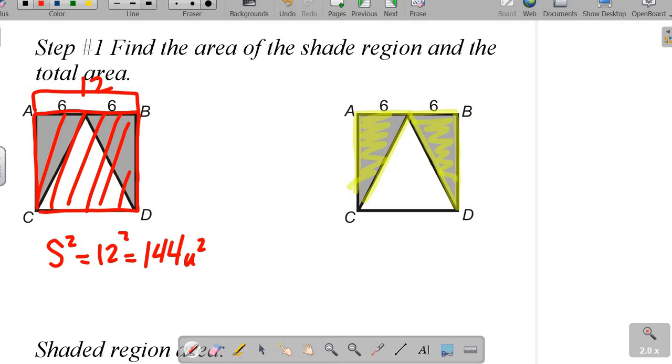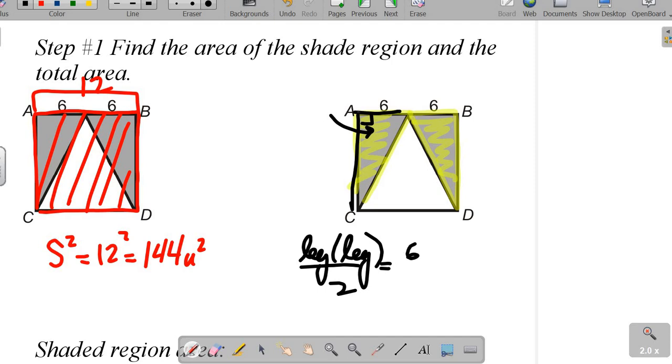Because I have two of the same thing, I am simply going to find the area of one and times it by 2. It's a right triangle, and in a right triangle it's leg times leg over 2. One leg is 6, the other leg is 12. So 6 times 12 over 2 gets you one triangle.